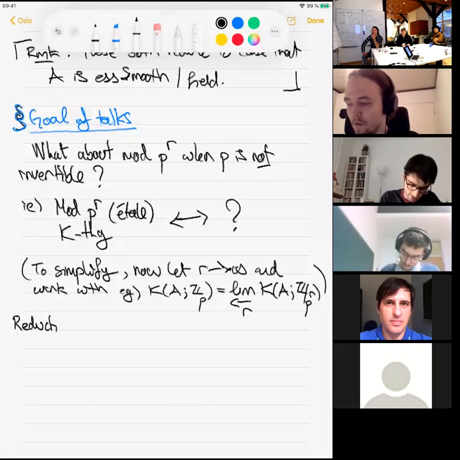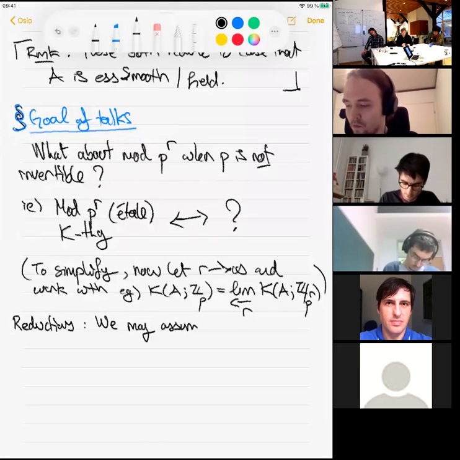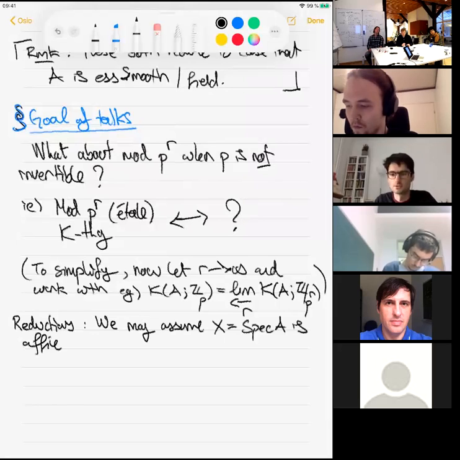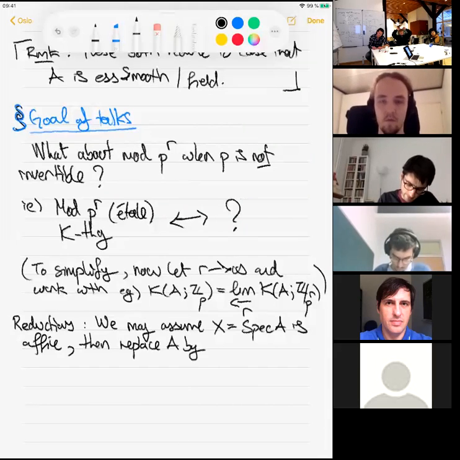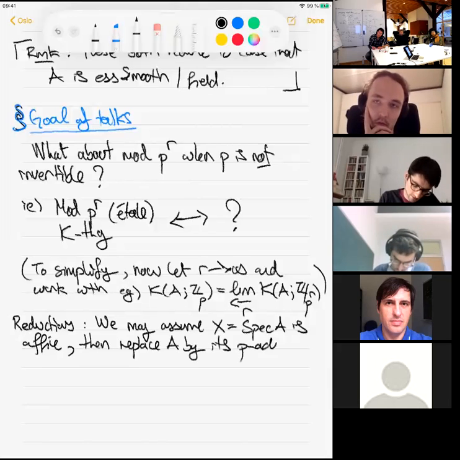So now let's get into some reductions. Our goal is to understand these various K theory invariants, so we may assume that this scheme X that we're going to study is affine, because in general our invariants will all satisfy some Zariski descent, and so we just glue what we understand in the affine case. Then we replace A by its p-adic completion A hat.